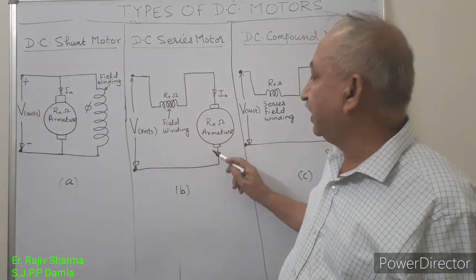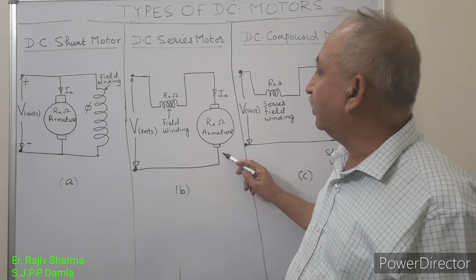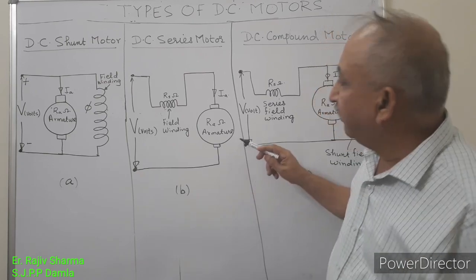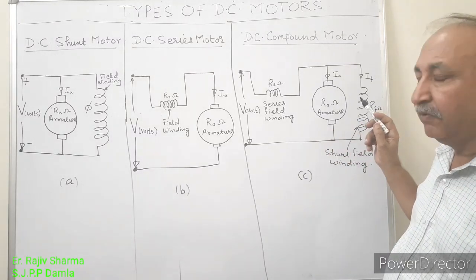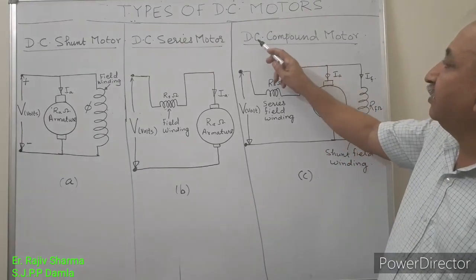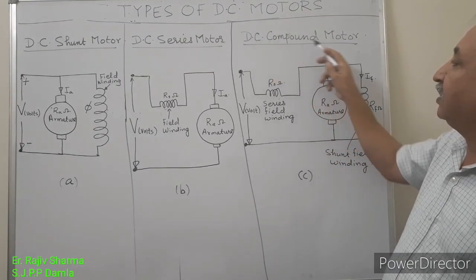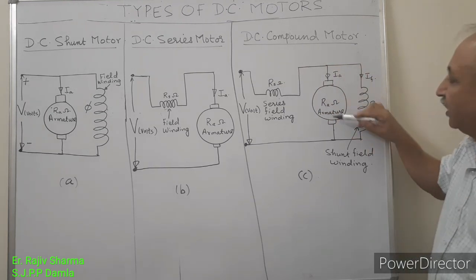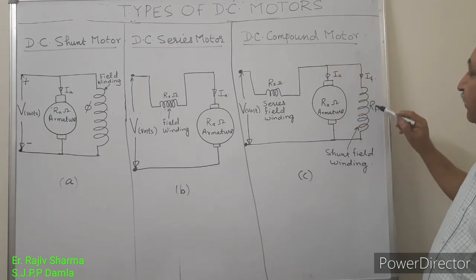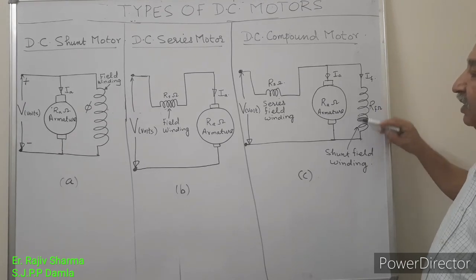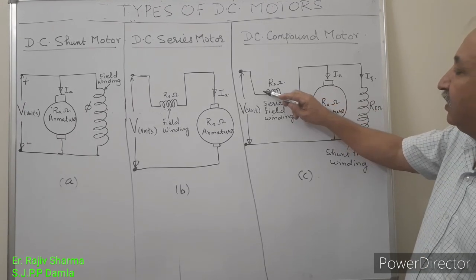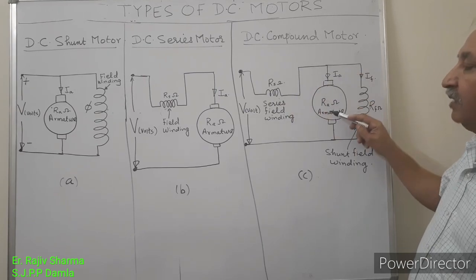This represents a DC series motor. When we have both the series field winding and the shunt field winding, then the motor becomes a DC compound motor. Here I have shown the armature. It has one DC shunt field winding which is in parallel with the armature, and one winding which is in series with the armature.